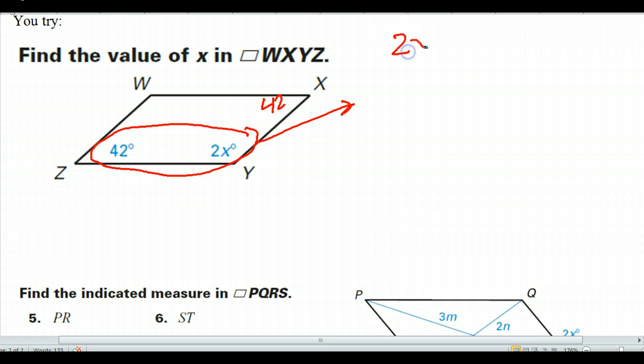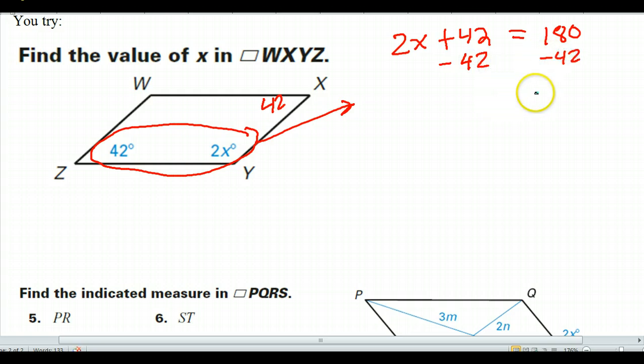2x plus 42 equals 180. Okay, so one way to do it would be to do exactly this. 2x plus 42 should equal 180. That's showing them adding up to 180. Okay? And then you could solve this. And then I'm going to also repeat what Jill said, which is an equally good and valid way of doing the problem.